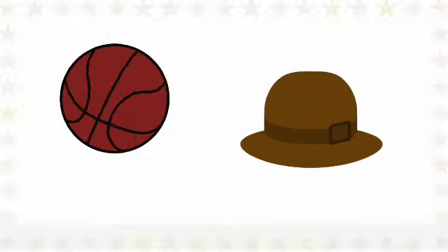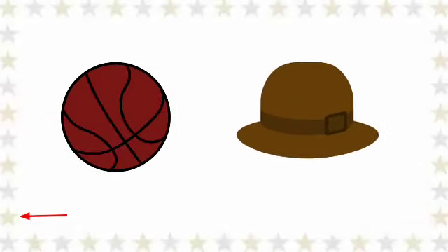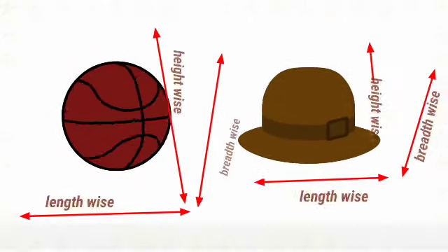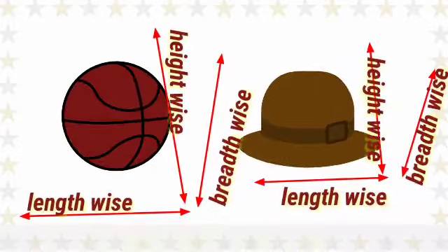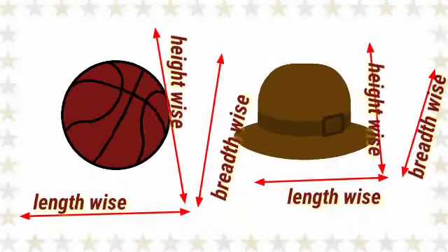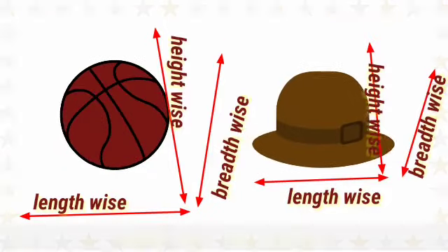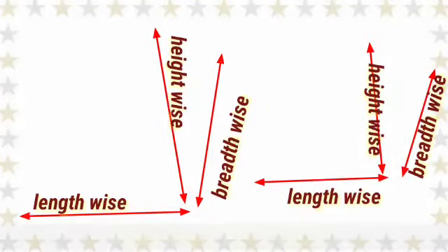Now let us observe the football or baseball or a hat. These require certain space which spreads lengthwise, breadthwise and heightwise. They spread in 3 dimensions.